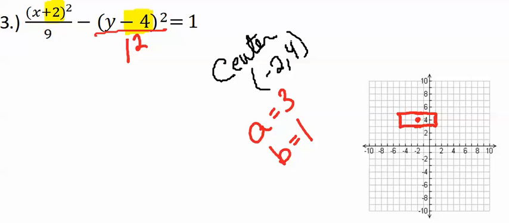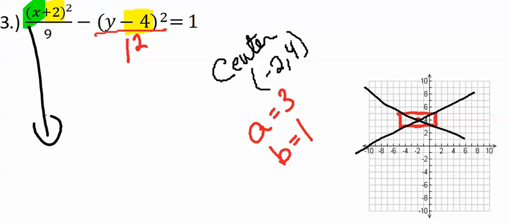You're going to draw the diagonals. And because this starts with an X right here, that implies that it's going to open side to side. So when we go to graph this, I'm going to go to the side ones, and we're just going to have it flow out to both sides.